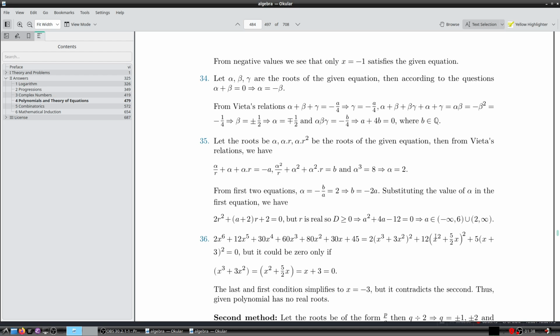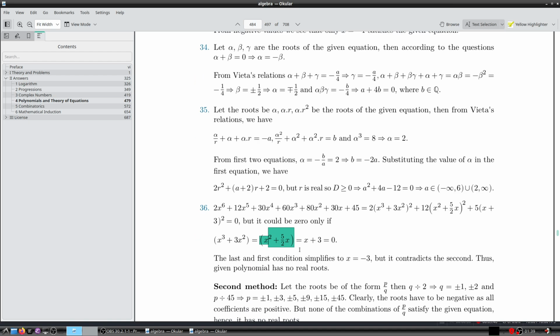So this is possible only if x cube plus 3x square is equal to x square plus 5 by 2x is equal to x plus 3 is equal to 0. From first and last, we see that x plus 3 should be equal to 0, so that means x should be minus 3. But if x is minus 3, then the middle term cannot be 0. So therefore the entire equation cannot have any real roots.